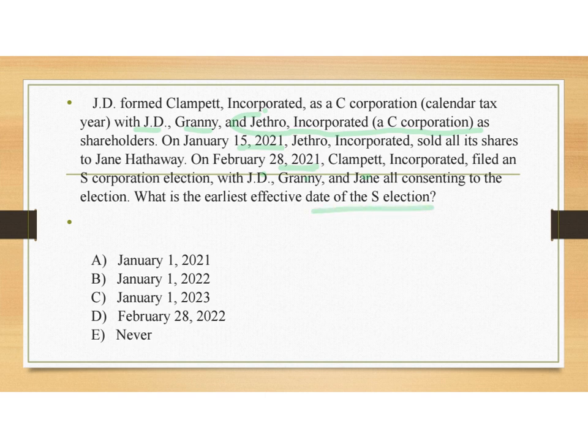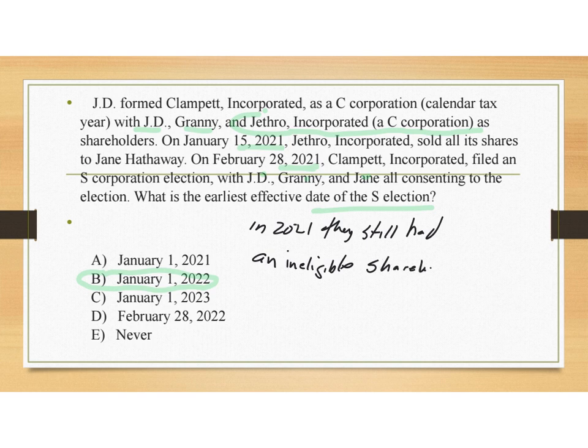The earliest effective date of that S election is going to be January 1st of 2022. The reason the S election is not effective until 2022 is that in 2021 they still had an ineligible shareholder for a portion of the year.